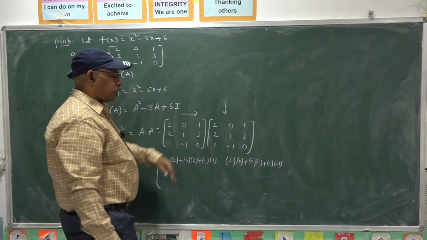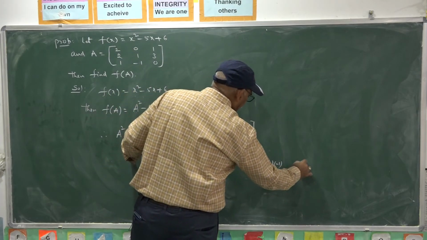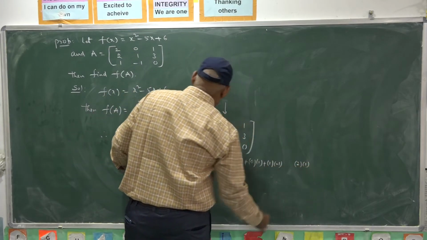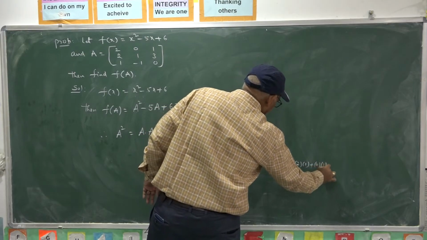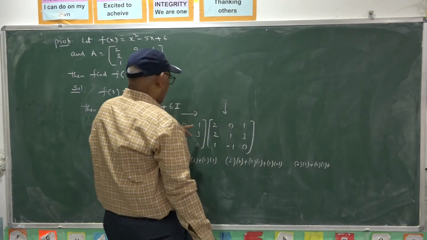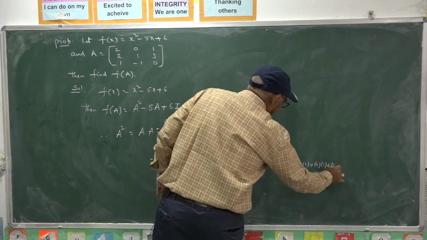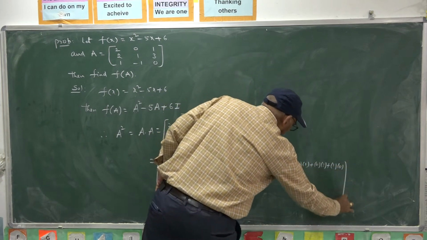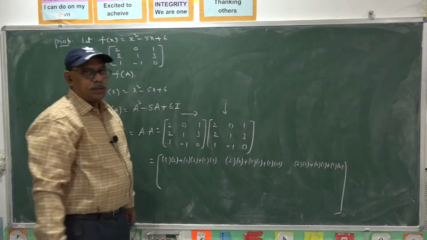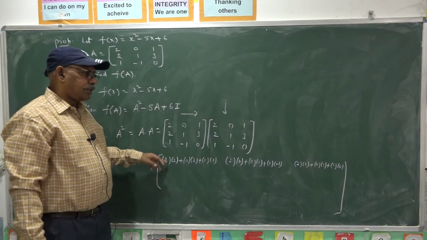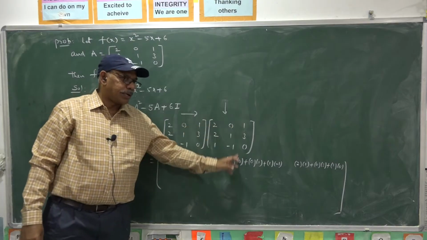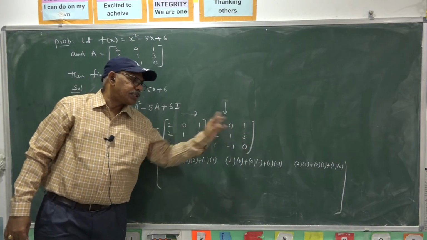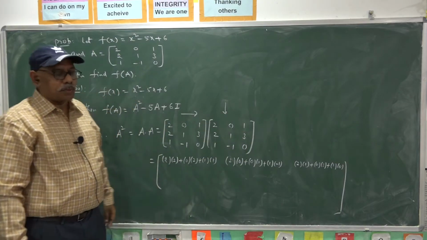Similarly, first row, third column product, 2 into 1, 0 into 3, plus 1 into 0. This is first row, first column product; this is first row, second column product; that is first row, third column product.